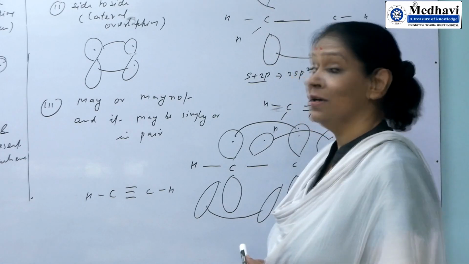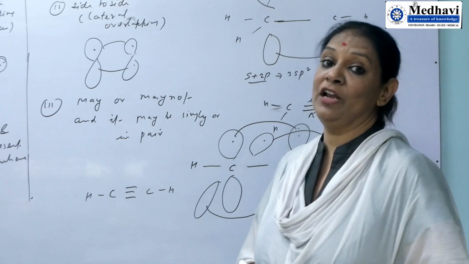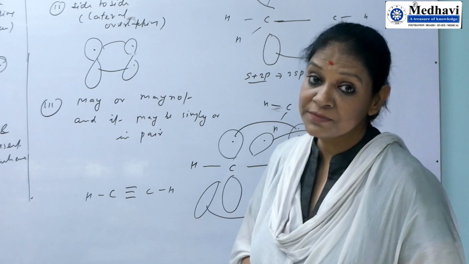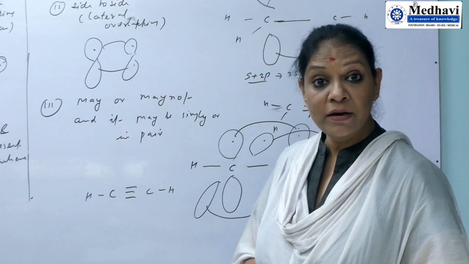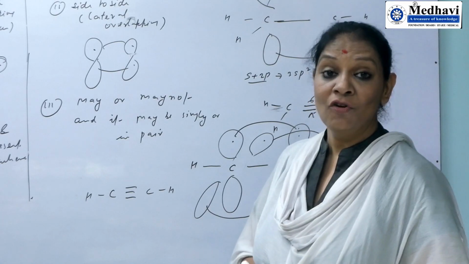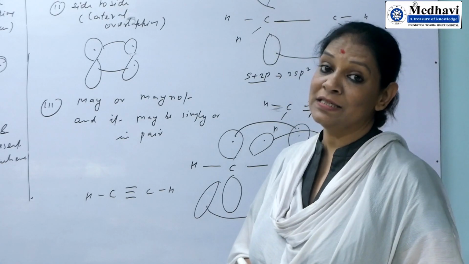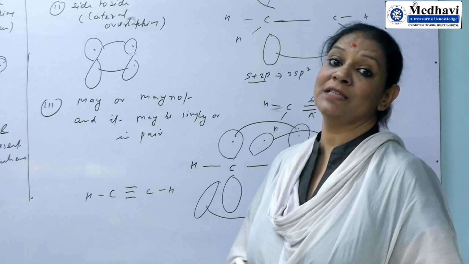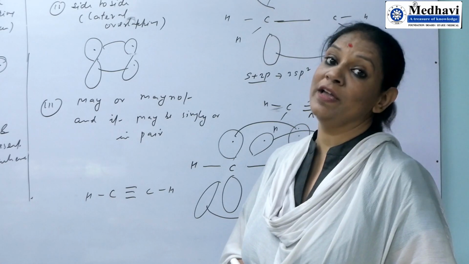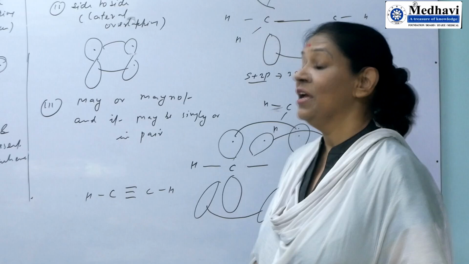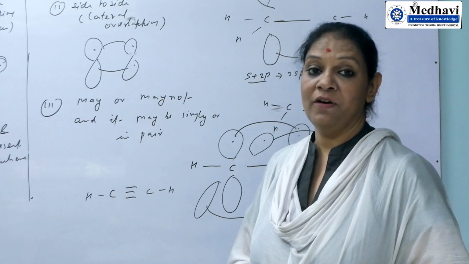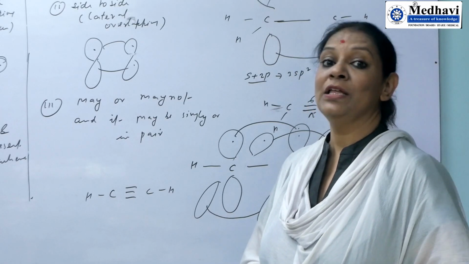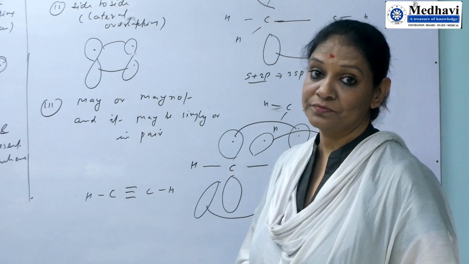But in ethene, only 3 orbitals are used. 1 orbital is not used. That will form 1 pi bond. Whereas in ethine, only 2 orbitals, 1s and 1px are used. Py and pz orbitals are not used, so they form 2 extra pi bonds. In this way, we can see the bond formation and types of hybridization in these compounds.